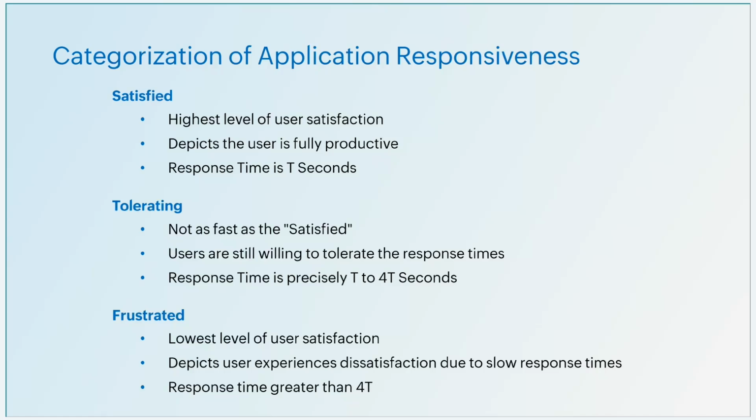The last is frustration. This category represents the lowest level of user experience where the application's response time is below the tolerating threshold. So users in this category are likely to be frustrated with the application's performance as it does not meet their expectations.